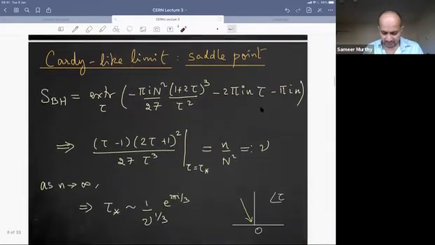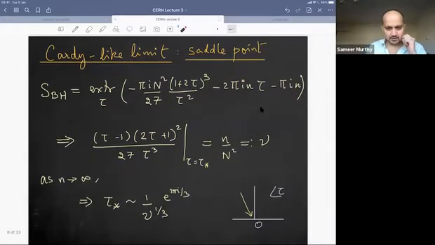So the first exercise we're going to do, in all of this lecture we'll stay in the Cardy-like limit, is a saddle point calculation. Remember that the entropy was the extremum of this action, which we know. So let's just do that extremization. You have this action, cubic divided by quadratic, and minus 2 pi i N tau, and this is the minus 1 to the F and minus 1 to the N. Do the extremization, and you get such an equation.